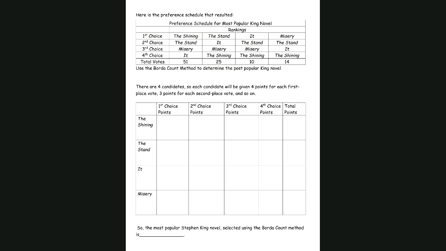The Shining was listed first choice only in one column, but it had 51 voters. So there are 51 votes, and we're going to multiply that by 4 points. 51 votes by 4 points is 204.